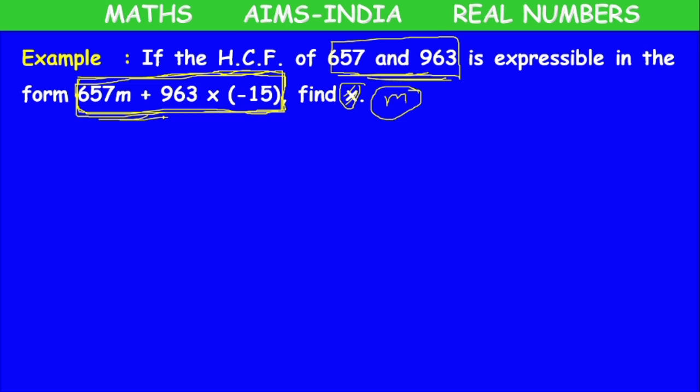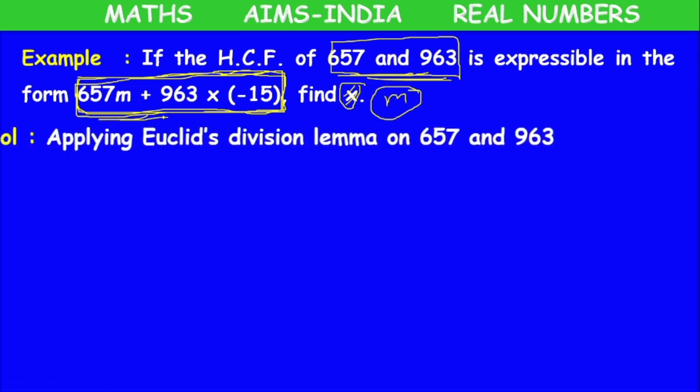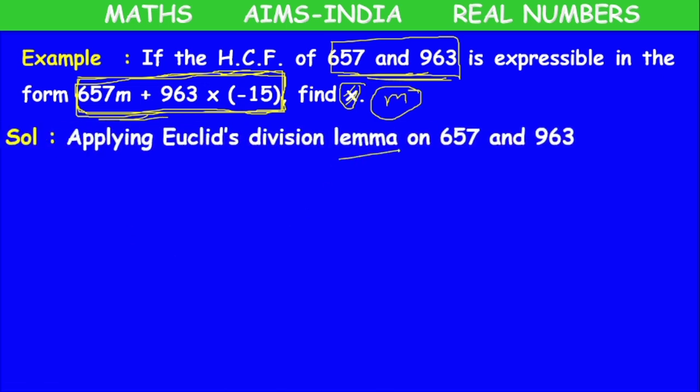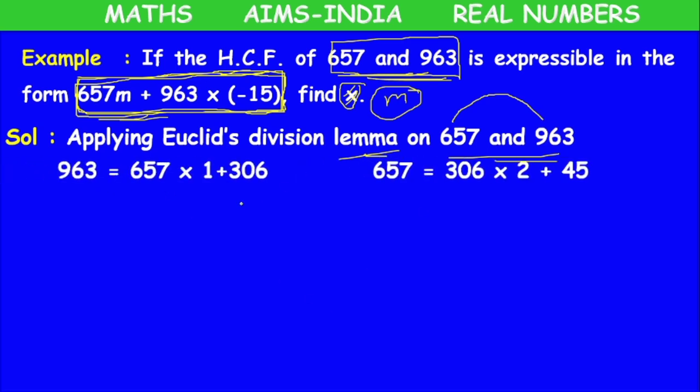First, let's find the HCF by Euclid's division algorithm. First we have to apply Euclid division lemma. We divide the greatest number by the smallest number. So 963 will be the dividend, 657 will be the divisor.